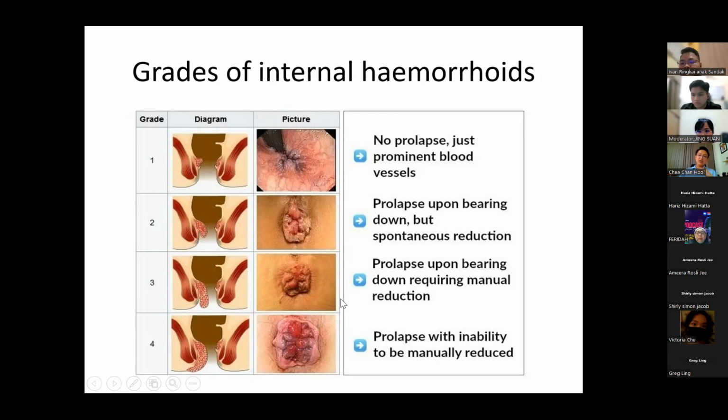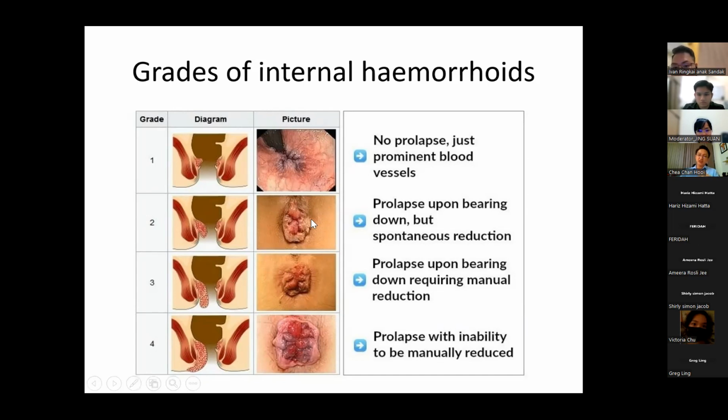If it's grade 3, it drops out from the anus, but can still be manually pushed back. Patients will report that after defecation, they have to use their finger to push it back inside. In grade 2, patients usually say they realize something is probably protruding, they can feel it, but it cannot be seen externally.